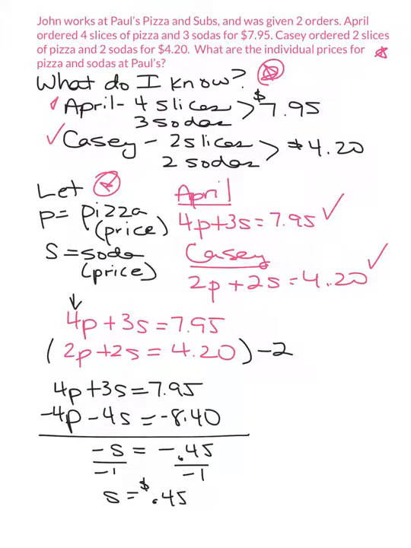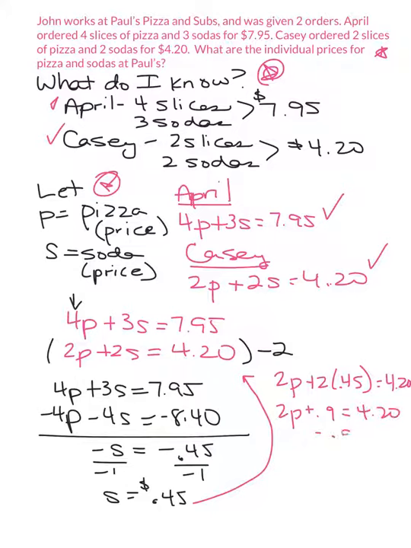Now I need to substitute this s into either of my original equations, it doesn't really matter which one, to find out how much a slice of pizza is. So if I take my second equation, I have 2p plus 2 times 0.45, because that's how much a soda costs, is equal to $4.20. And then that gives me 2p plus 0.9 is equal to 4.20.